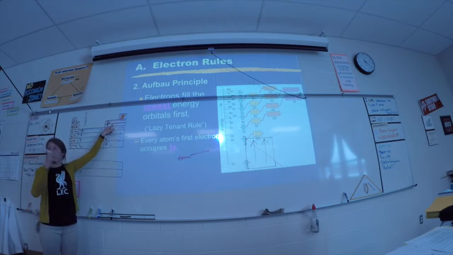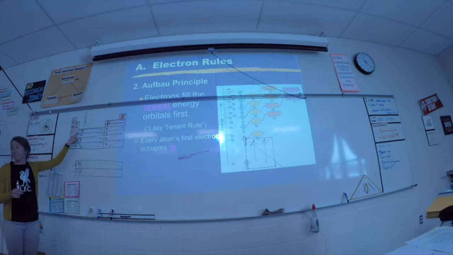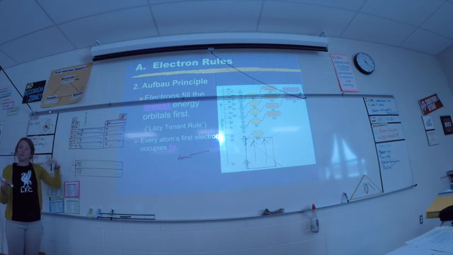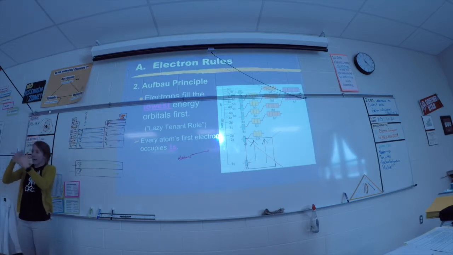So you read left to right and then down. Now this is where it gets a little weird with the numbers, because after the 3p, we go down to the 4s, but after the 4s comes the 3d. So be careful there with the numbers because we have some overlap of our levels. And the 3d overlaps with the 4, and so we get this shift.